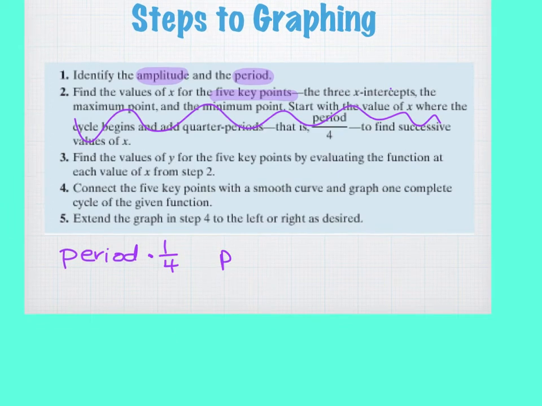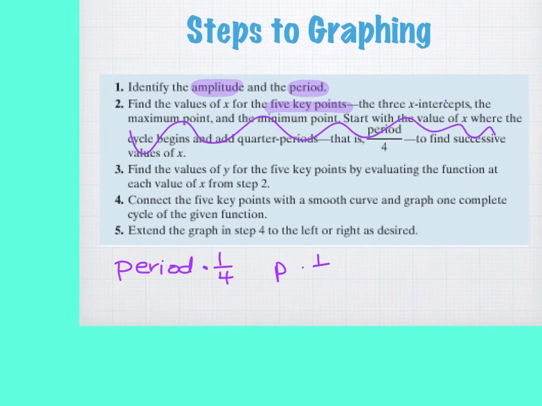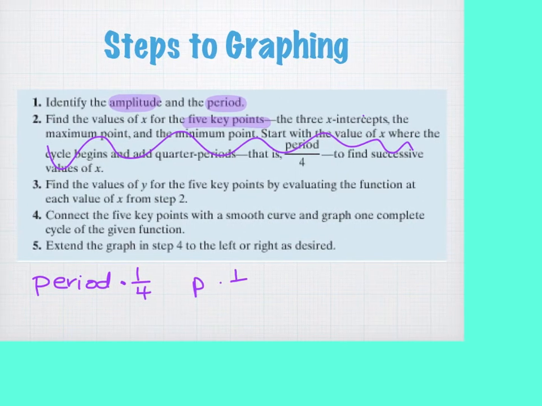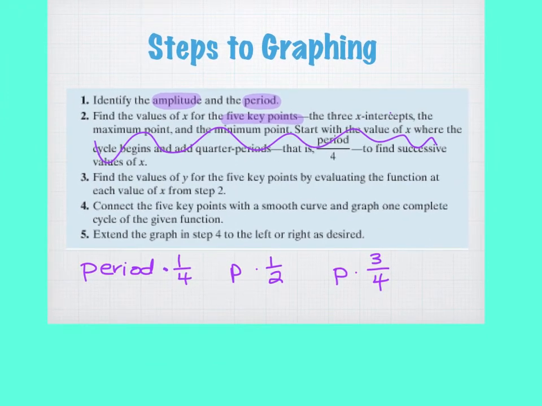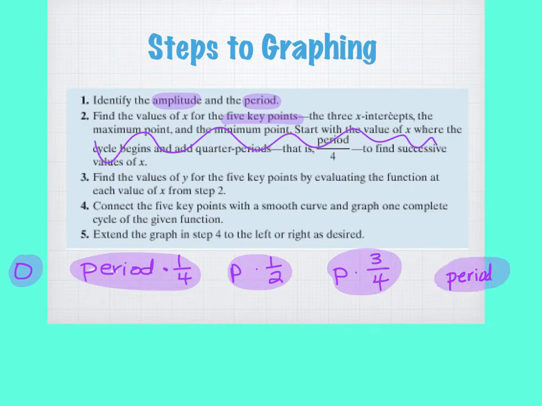Then do the period times 1/2, and then times 3/4. Those will get you your middle 3 key points. The first one is 0 until we shift this left or right. The last one is the period, again, until we shift this left or right. Those are called phase shifts. So if there's no phase shift, we find our 5 key points at 0, the period times 1/4, the period times 1/2, the period times 3/4, and then the period at the end.